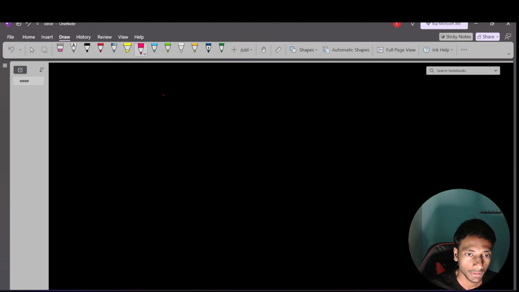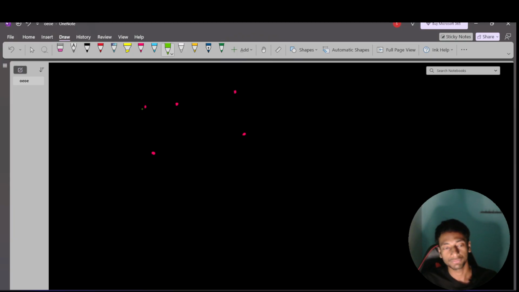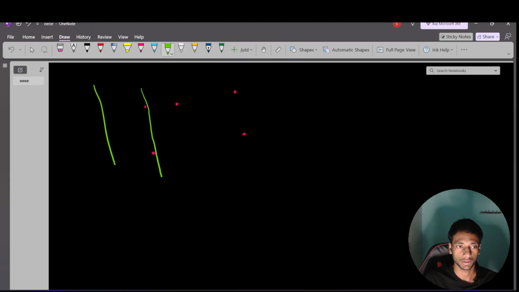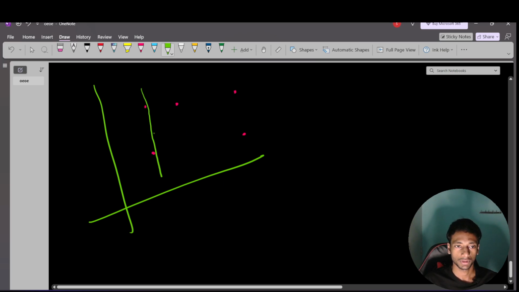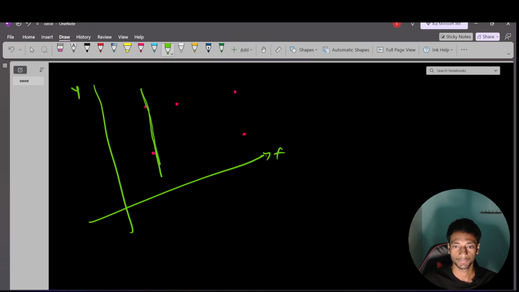Suppose we have multiple points, this is one point, this is one point, this is another point. First of all I will try to generate all the triangles that are parallel to y-axis. This is one possible, because our Cartesian plane looks like this, with this being the y-axis and this being the x-axis.